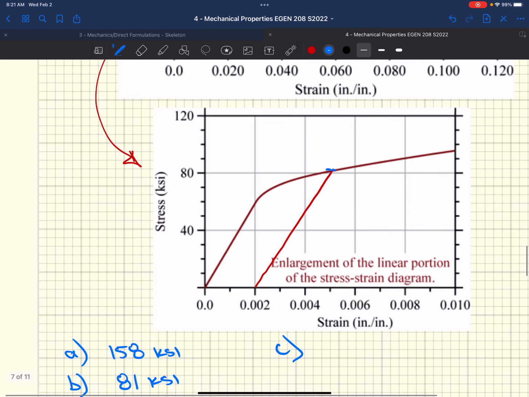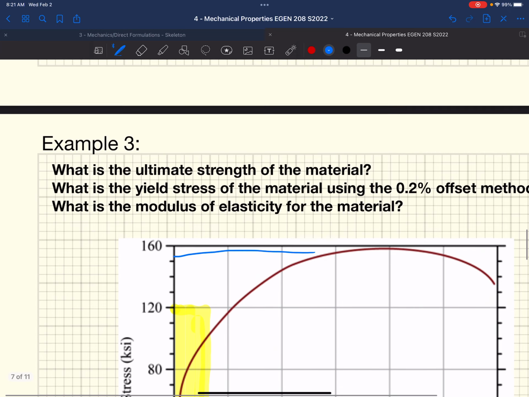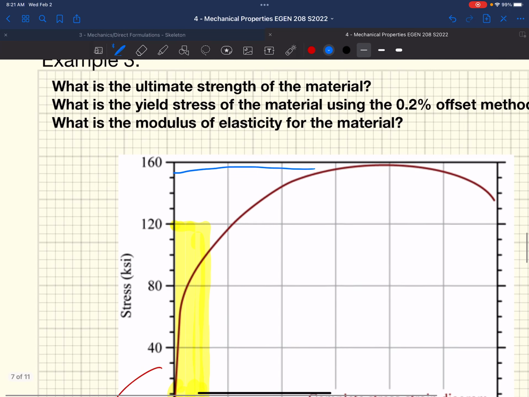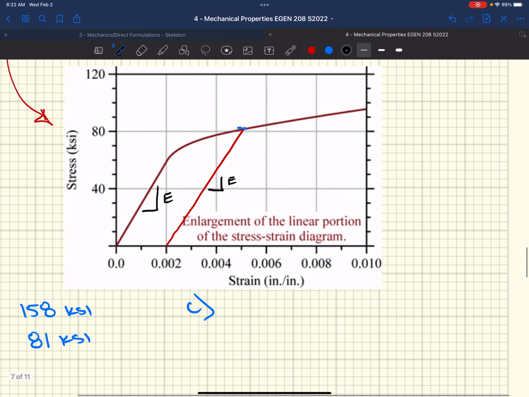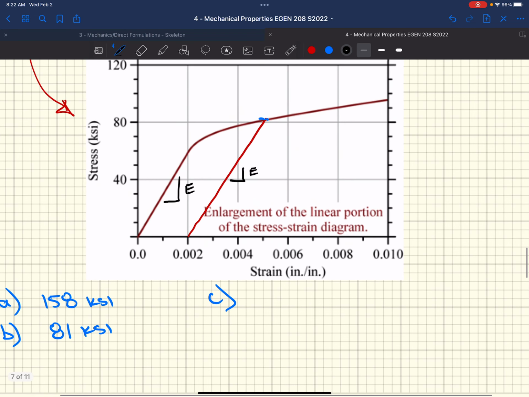Finally, last part here is, what is the modulus of elasticity of the material? Well, we know the elasticity of the material is really just our slope, which is the same slope as this. E is the change in stress over the change in strain, rise over run.